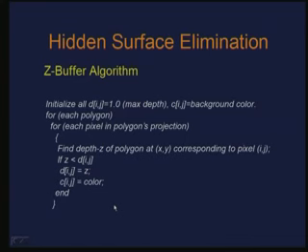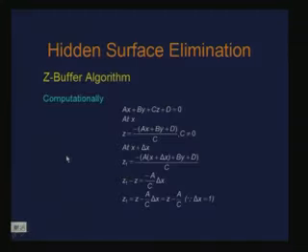Okay, so computationally what is happening? See, when we are talking about scan conversion of the polygon, we still need to find out the z at each point of the polygon, right. So, what is involved computationally? Let us try to see that.